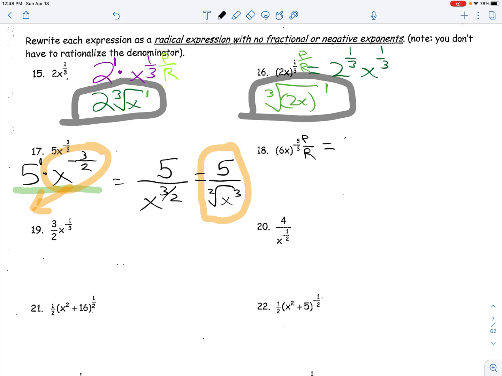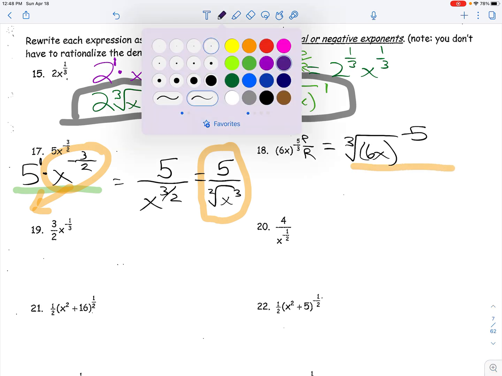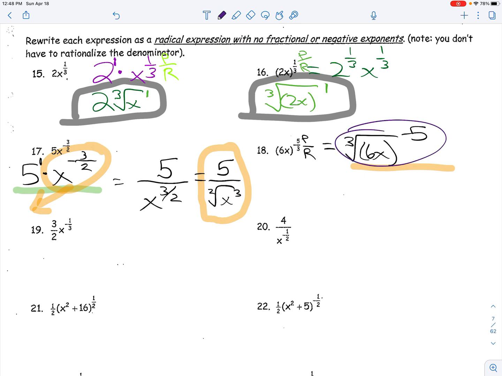All right, now remember the root has to be positive, so that's going to be the third root of 6x to the power of negative 5. And then you want to make that a positive exponent. We're going to take all of this and move it to the denominator.